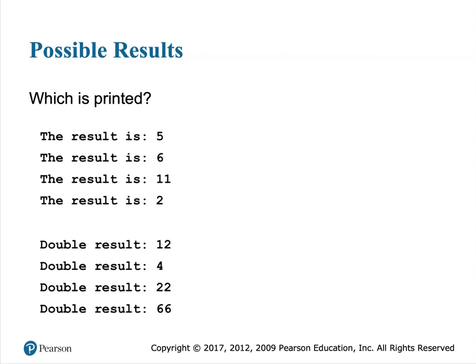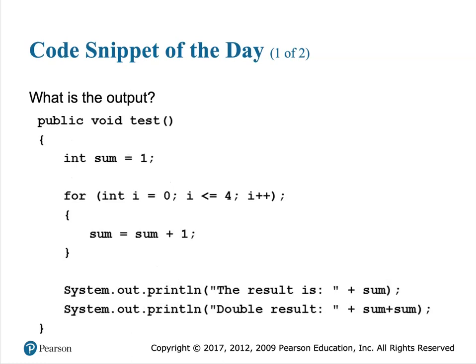So I'm going to go back to the code, thinking of those as possible answers. What do you think the result is? When you're ready, unpause and we'll go through what the actual answer is.